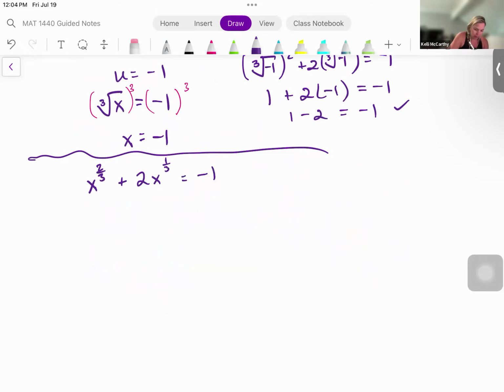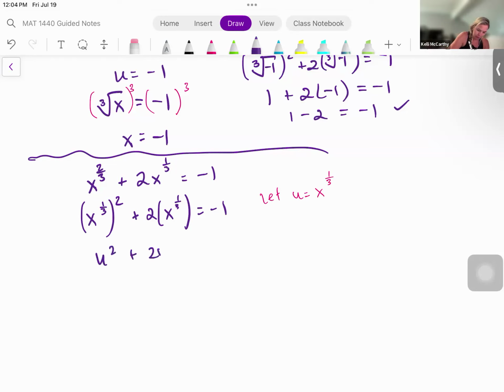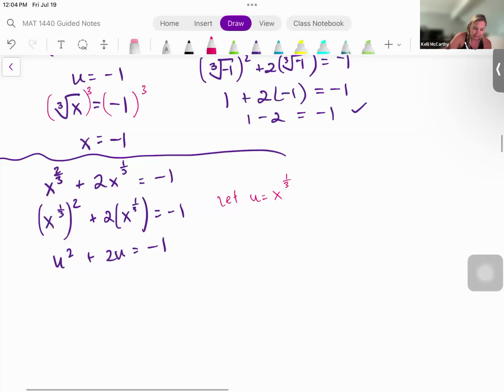And what I was thinking initially was x to the 2/3 is the same as x to the 1/3 squared, because power to a power, we multiply those exponents, plus 2 times x to the 1/3 equals -1. So then here I would say, let U equal x to the 1/3 power, and we would get that U squared plus 2U equals -1. Thinking about U being x to the 1/3, that is the same as the cube root of x. So we haven't changed it. It's just thinking about that problem a little differently.